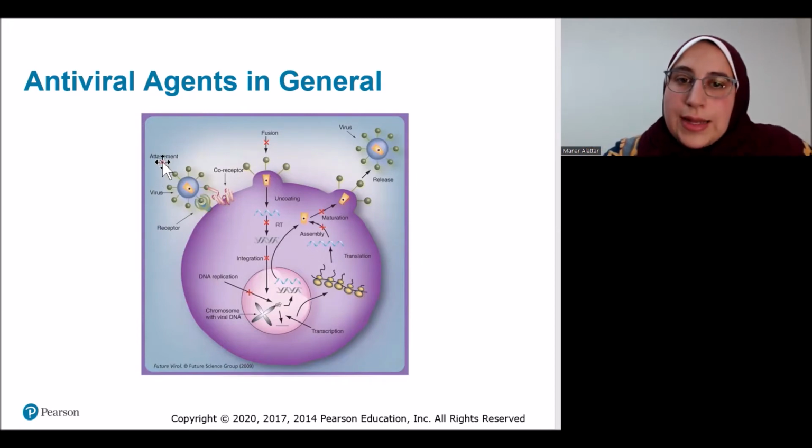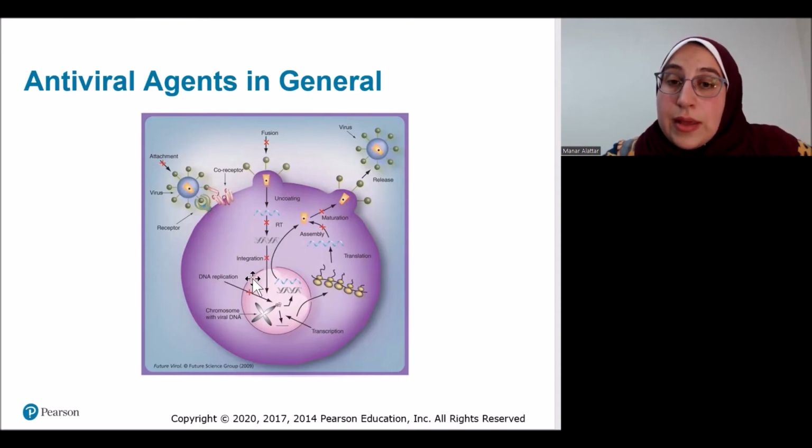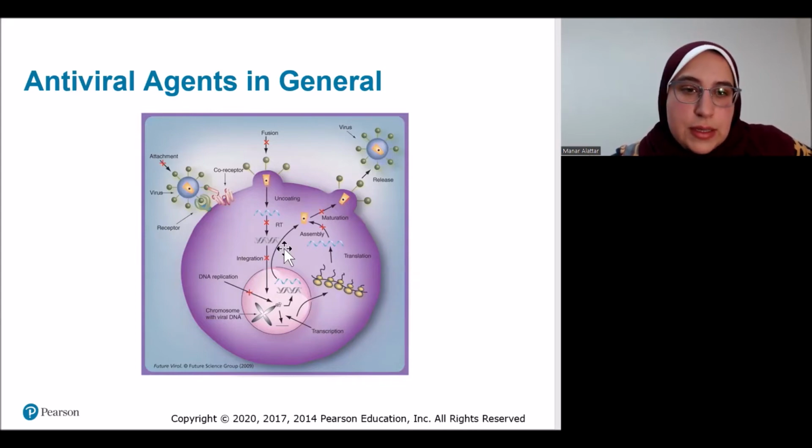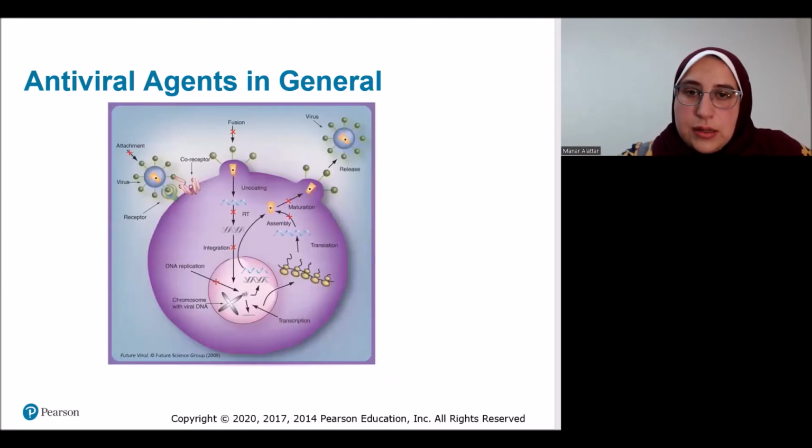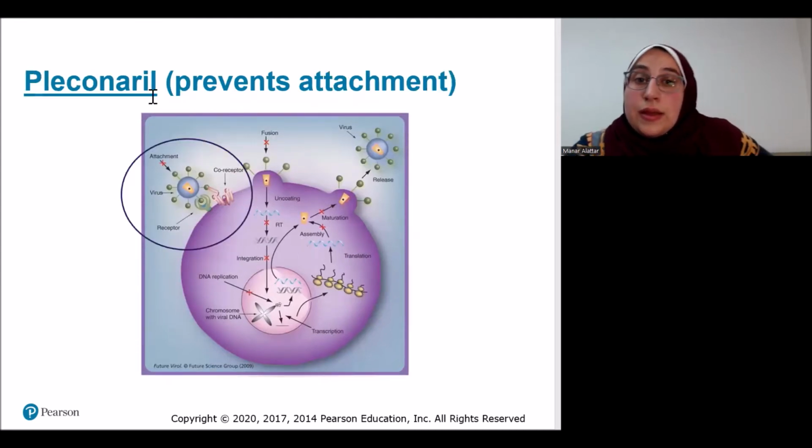Now, antiviral drugs will inhibit various different steps along this process. Attachment, uncoating, which is right here. You can inhibit uncoating, which is our next example. You can inhibit the actual production of proteins, and you can inhibit the release of the virus. And so we're going to focus just on antivirals.